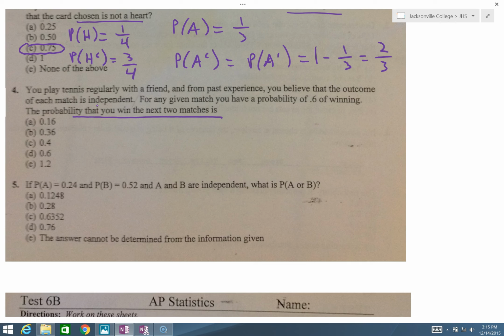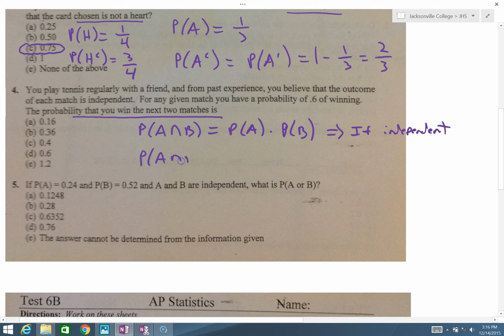We had 2 probability rules. They were really 1 rule. The first rule says the probability of A and B, A intersect B, is equal to the probability of A times the probability of B. This was if they were independent. Now our general probability rule was this: probability of A and B is equal to the probability of A times the probability of B given A has occurred.